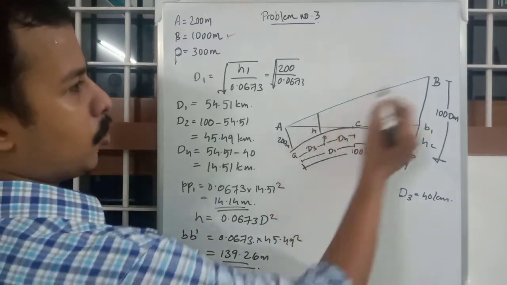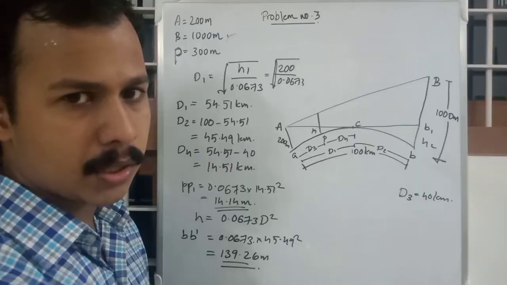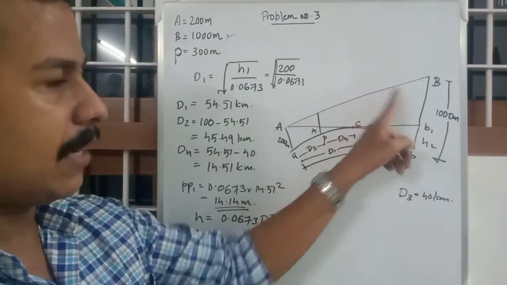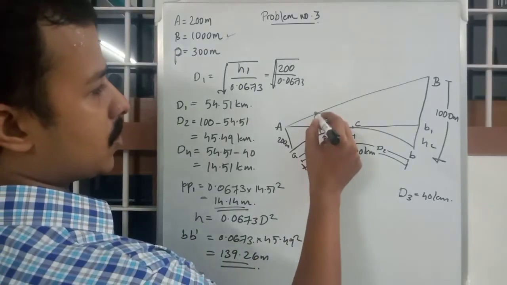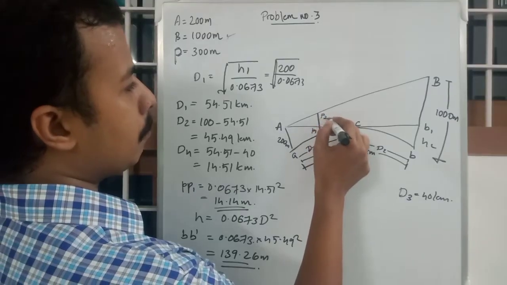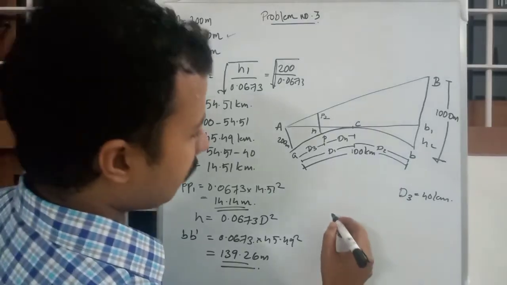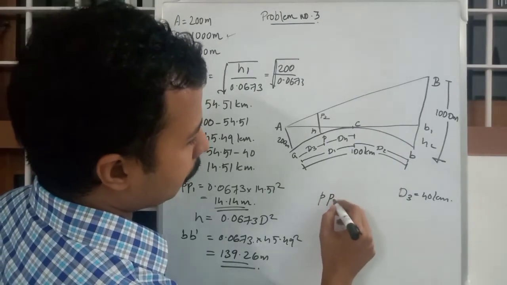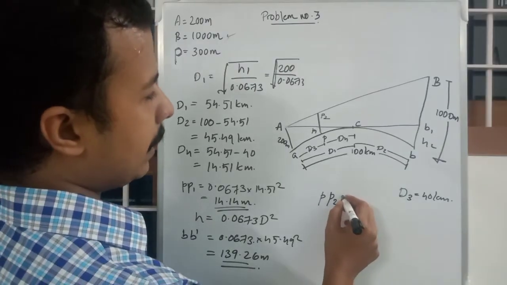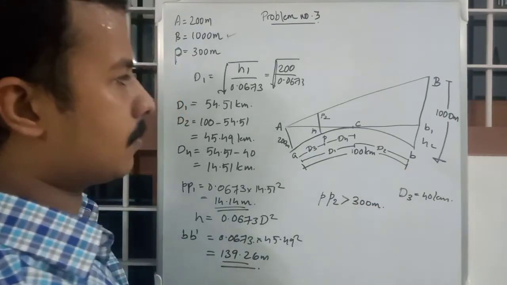So we have joined the line and we know the distances, 200 and 1000 meters, and now from these triangles we will check whether this distance, if this is P, P1, we will name it as P2, so small letter p, P2, is greater than 300 meters.